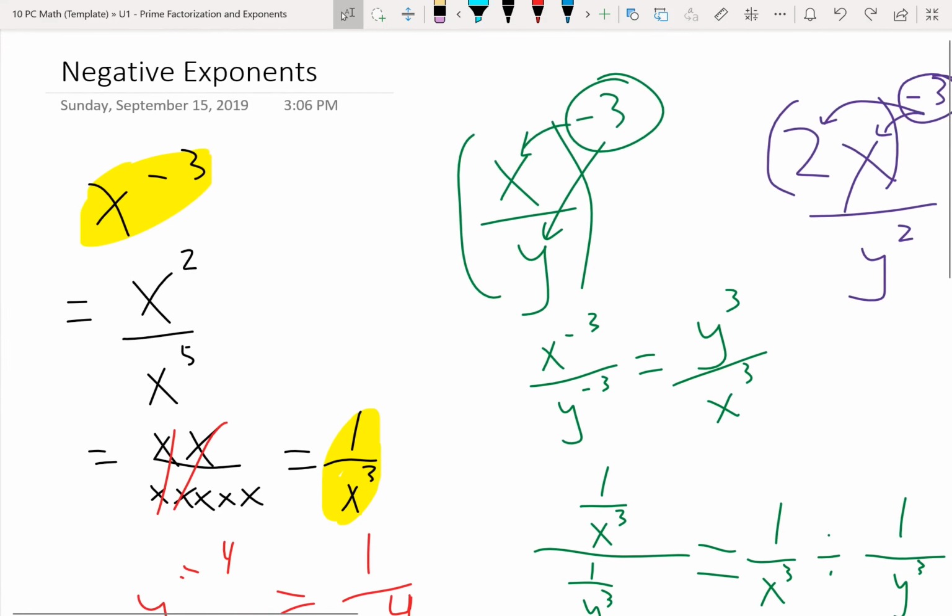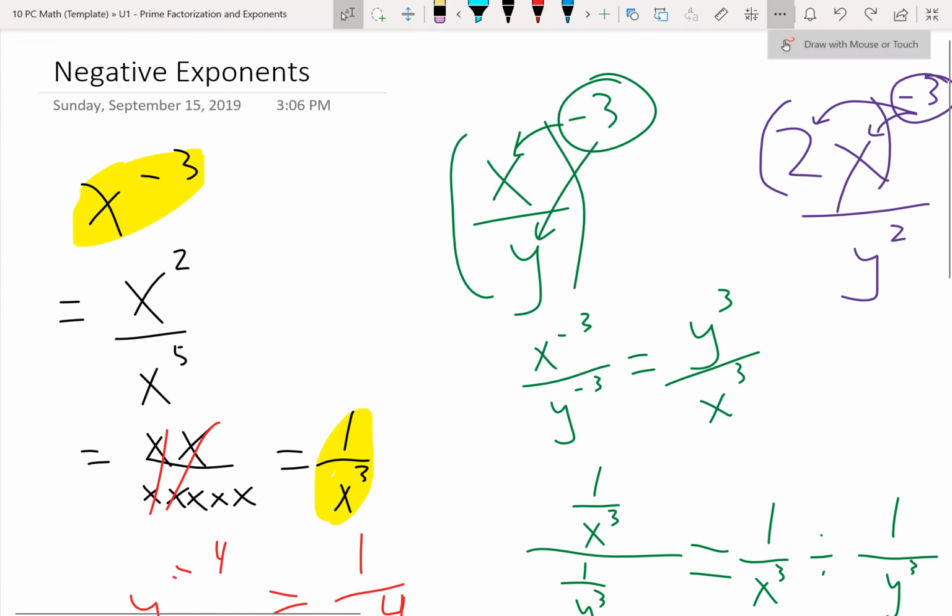The key thing to remember, like we said, when you have a negative exponent, it means it's going to move either to the top or to the bottom of the fraction and become positive instead. Mathematicians don't like writing negatives. A negative exponent is considered improper. So if your answer has a negative exponent, to simplify, you need to turn it into positive. That's it.